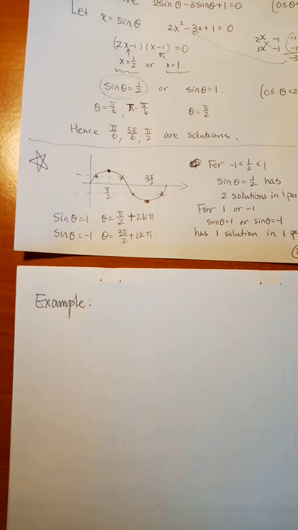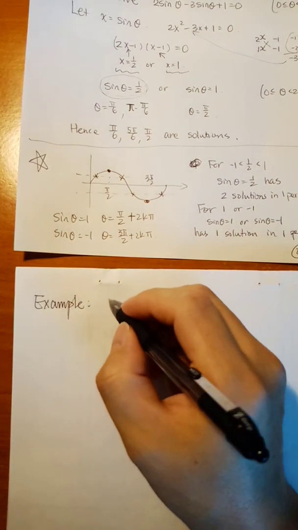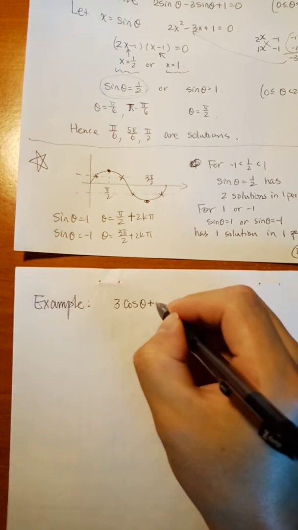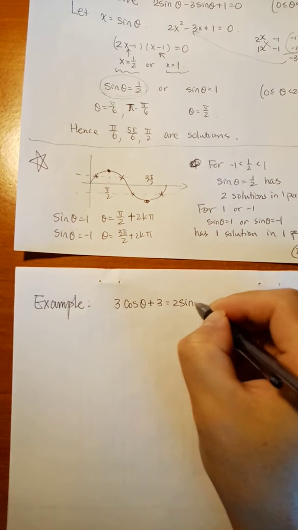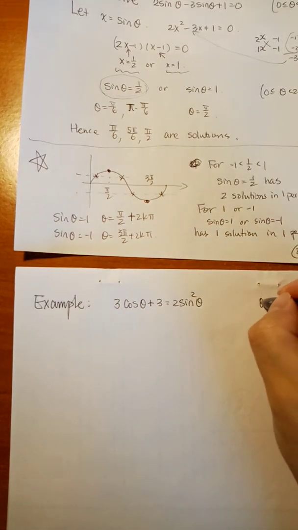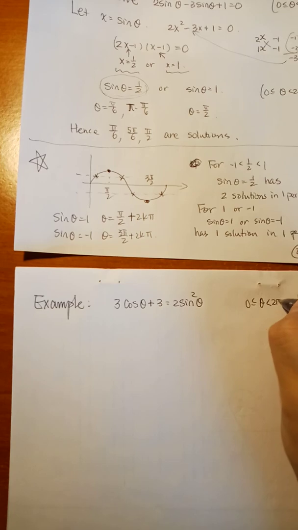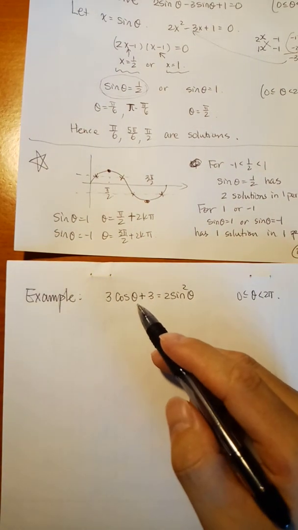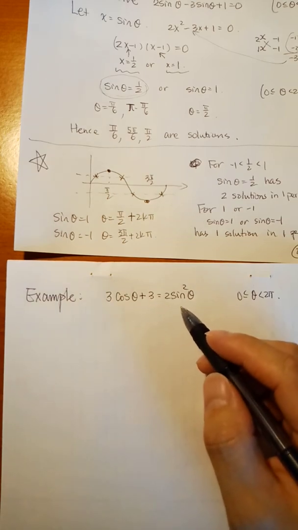Next, let's see some equation involving two different trigonometric functions, and we have to use some identity. Okay, so 3 cosine theta plus 3 is equal to 2 sine theta squared.